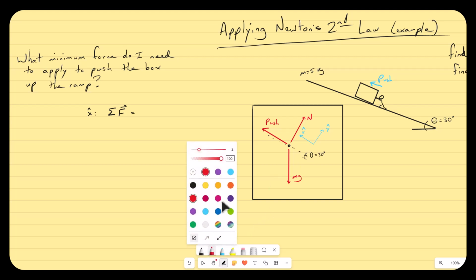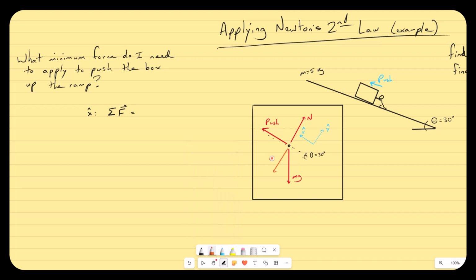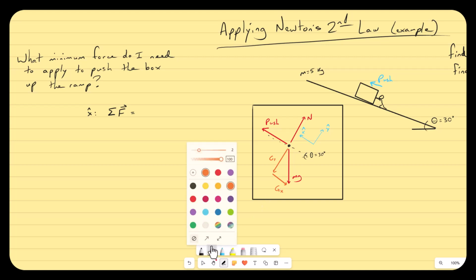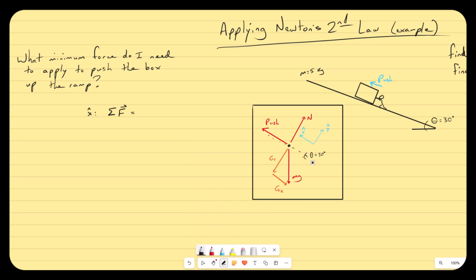I'm going to again have to break up my gravity. There's my gy, which I'm not really going to end up caring about. There's my gx. And just like before, the angle of my ramp will end up being the angle inside this triangle. So my gx is going to be mg sine theta.